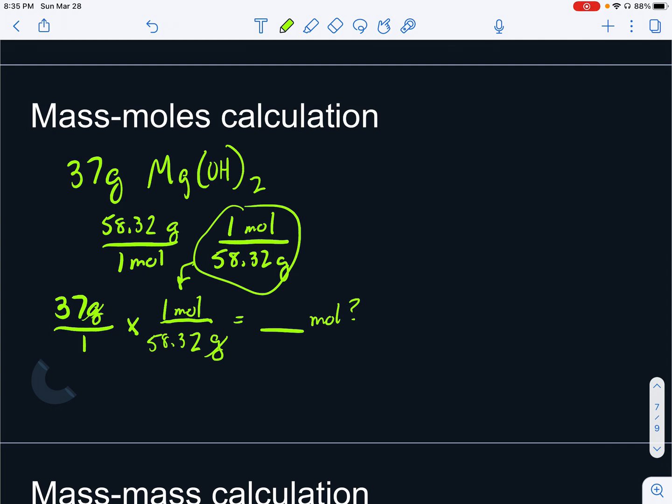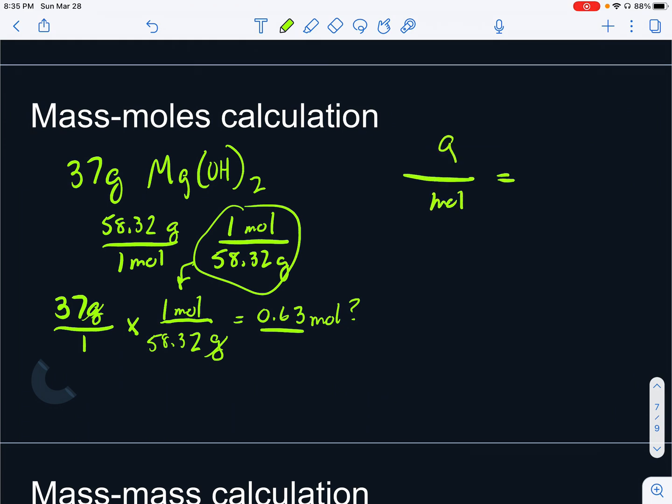So I'm going to take this conversion factor here and plug it in. 1 mole over 58.32 grams. And so 37 divided by 58.32 is 0.63 moles. Does that make sense? Well, if 1 mole is 58 grams and I have 37 grams, then that should be less than 1 mole, but more than half a mole. So that makes sense.